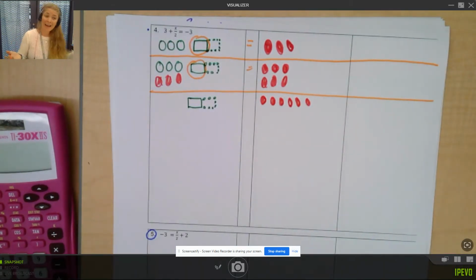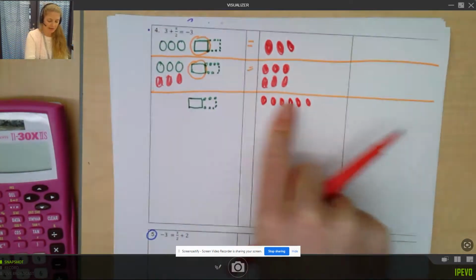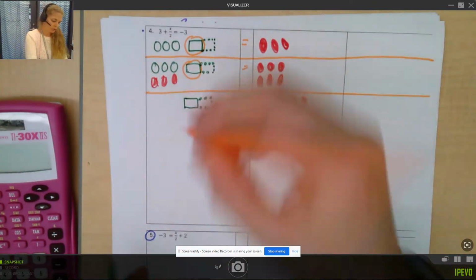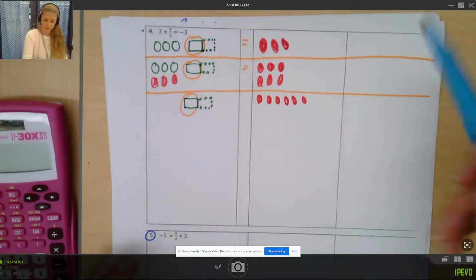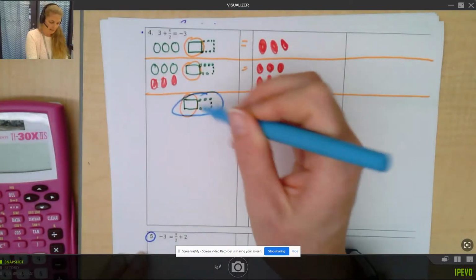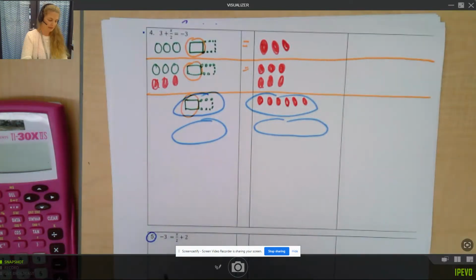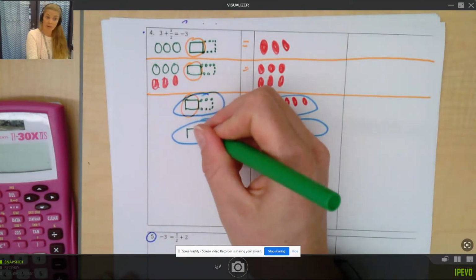Well, I don't want half of an x, I want a whole x. So how many groups would I need to make of this? I would need to make 2 groups. So I'm going to take this and make 2 groups of it, kind of like duplicating it or doubling it maybe.